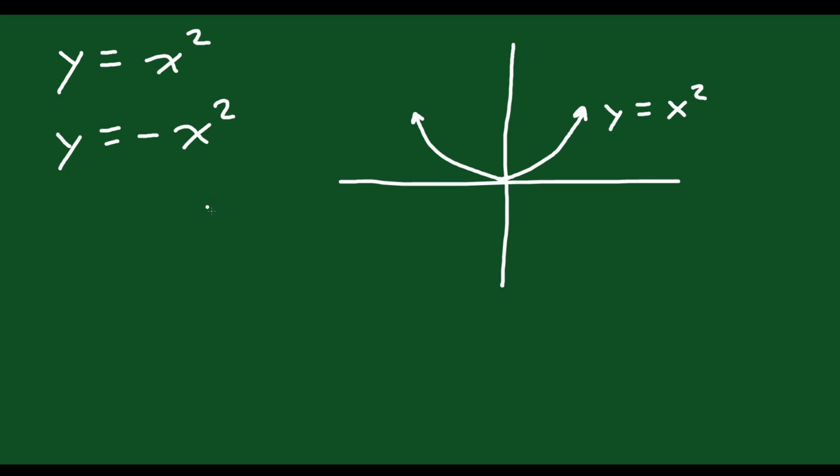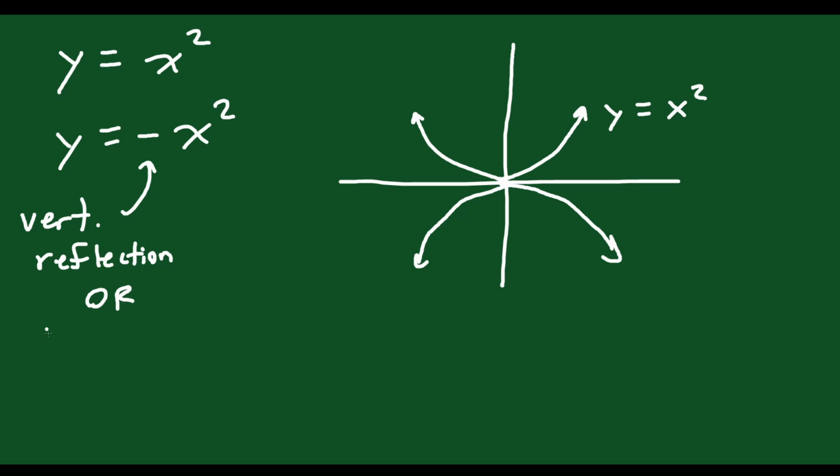Well, if you do your table of values, and I don't think I have to do this to communicate the point, but if you did, every answer you get for y is going to be the same as before, except there's a negative on the front. So all your answers will be negative, and when you plot those points, you're going to get a shape that goes like this. It should be clear why we call it this: this is what we would refer to as a vertical reflection.